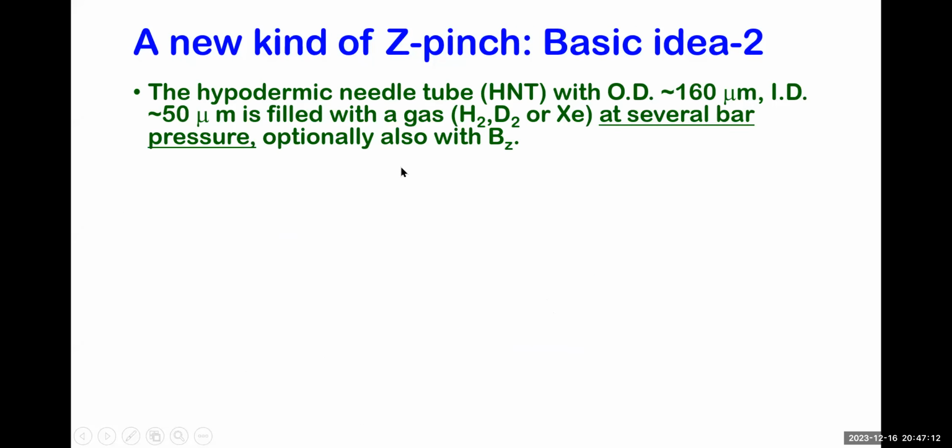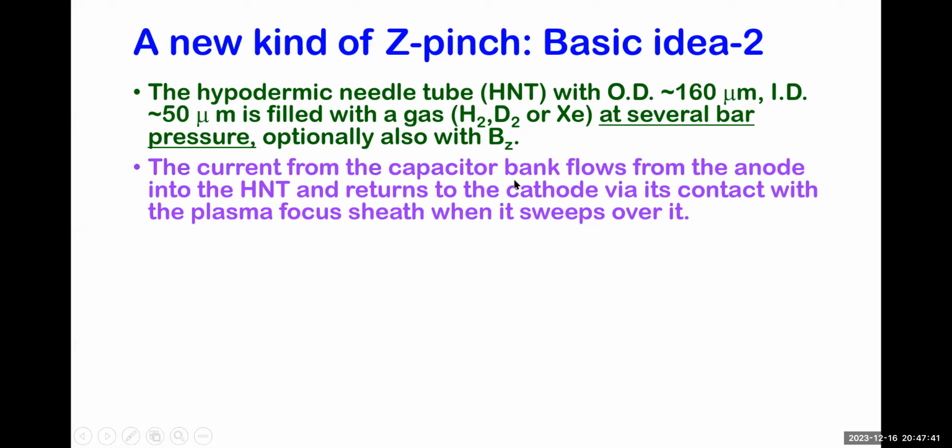So the hypodermic needle tube, which I shall refer to as HNT, with an outer diameter of just 160 microns and inner diameter of 50 microns, is filled with a gas which could be hydrogen, deuterium, xenon, or argon at several bar pressure, not millibar, several bar pressure, and it could also be filled optionally with an axial magnetic field.